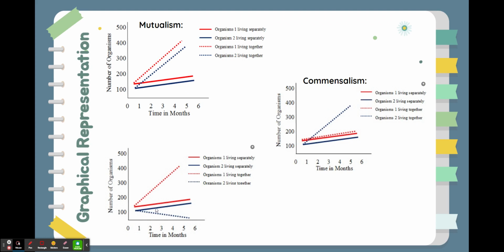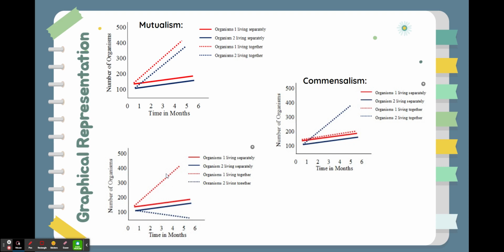So again, let's start. What does it look like when they're living separately? So our solid lines essentially are the same. When these two organisms are living separately, we see a slight increase in both populations. However, looking at organism 1 first, we see a very obvious increase when these two organisms are living together.